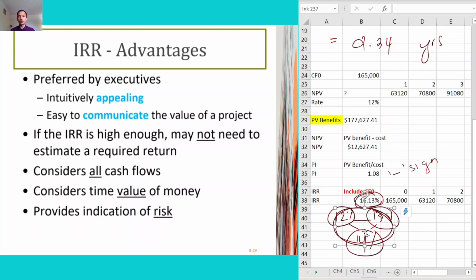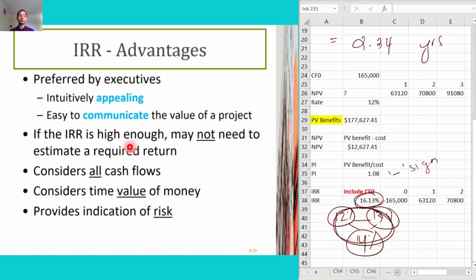For a company like Walmart or Safeway, 16.13 is already a good return. You may not even need to look at the required rate of return for these projects because this is high enough already.